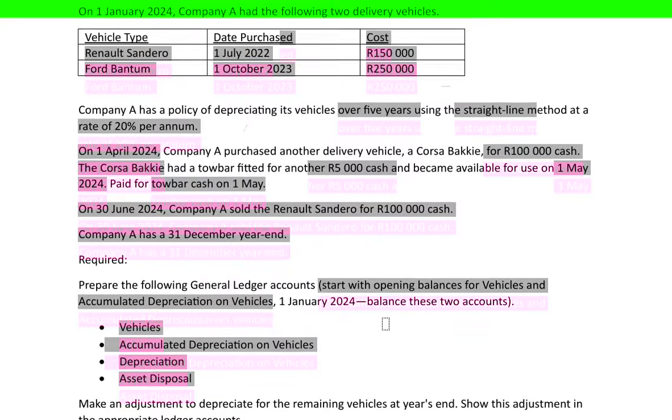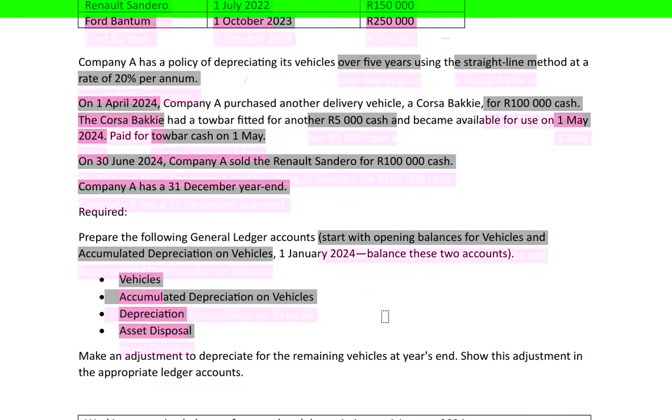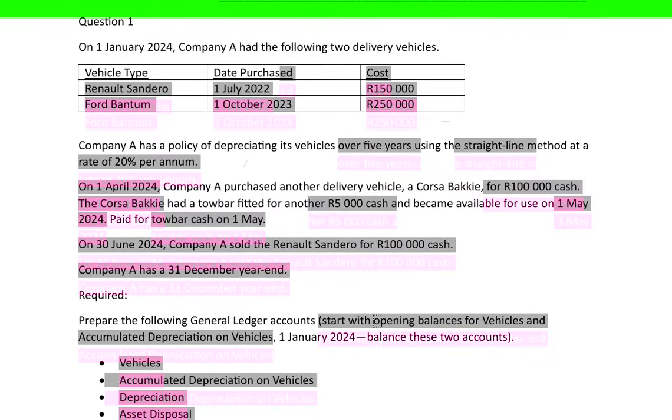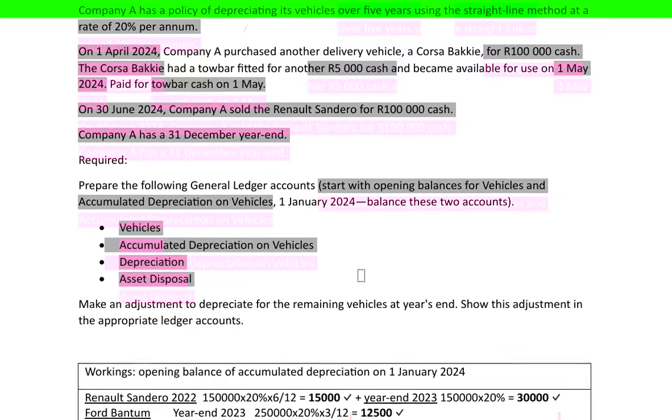I'll tell you straight away what goes into the vehicles account: the historical cost price, the purchase price of the vehicles. And if you have a look, they told us right in the beginning the Renault Sandero cost 150,000 and the Ford Bantam bakkie cost 250,000.